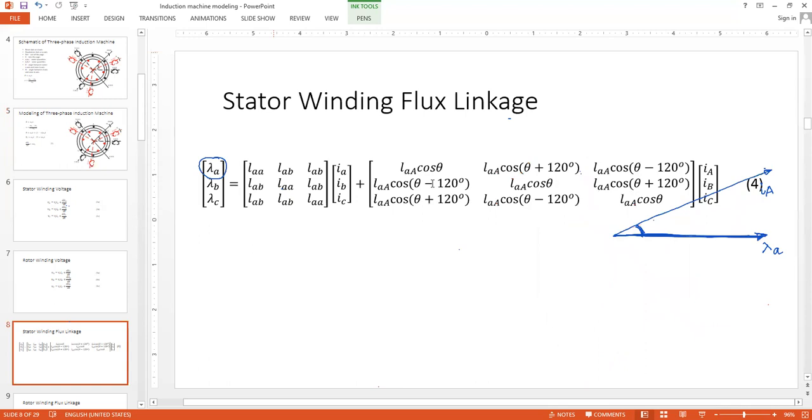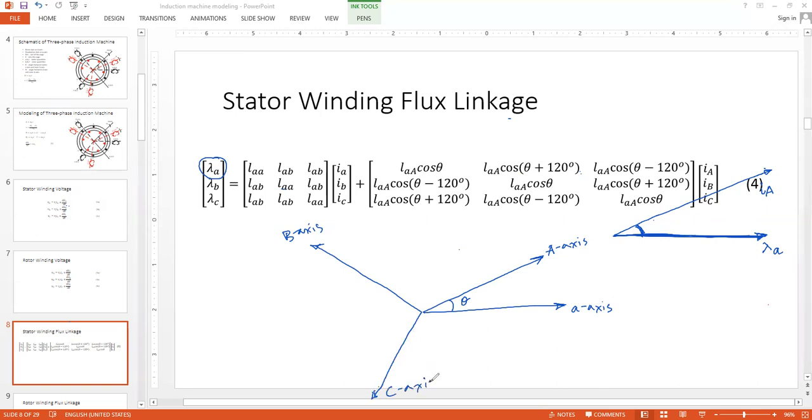Okay, let me draw the diagram here. That would be better in short. So this is your A axis, small a axis. This is your capital A axis. The angle is theta. So if this is capital A axis, then somewhere here would be capital B axis, and somewhere here would be capital C axis.